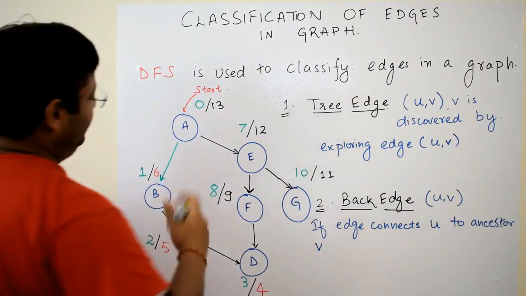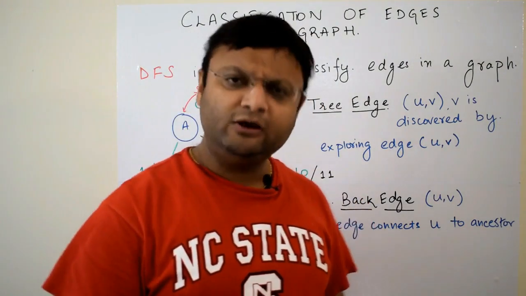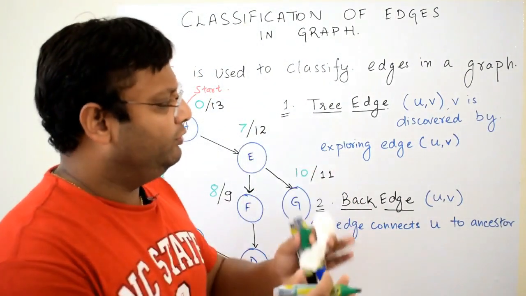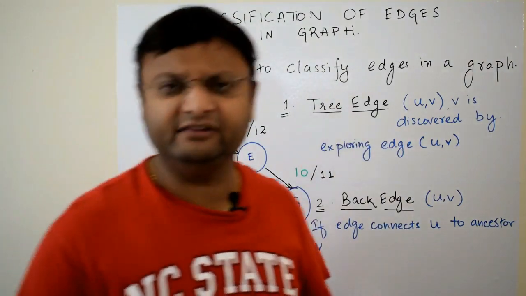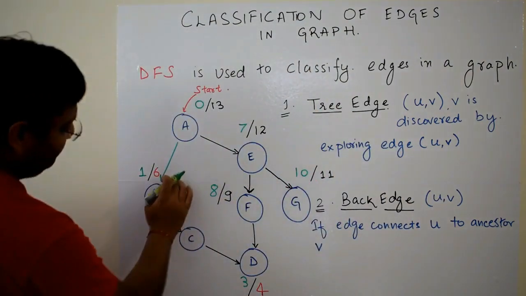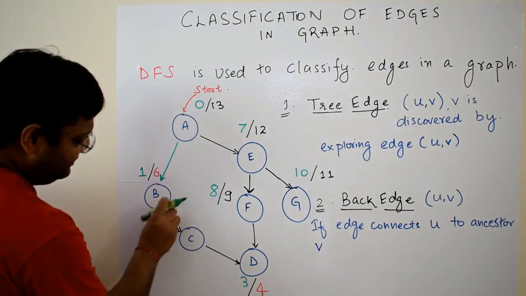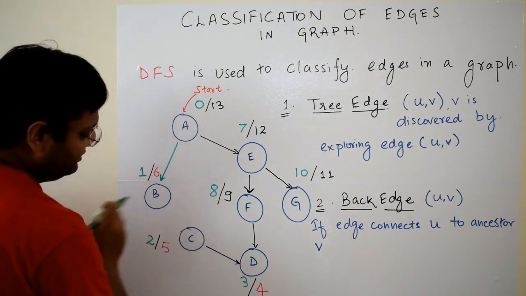One simple observation is that the normal edge in the DFS, the normal edge through which you jump from one node to another in a normal DFS, is basically a tree edge. So A to B is a tree edge. Now, is B to C a tree edge? Yes, definitely, because you are discovering C for the first time by exploring this edge.